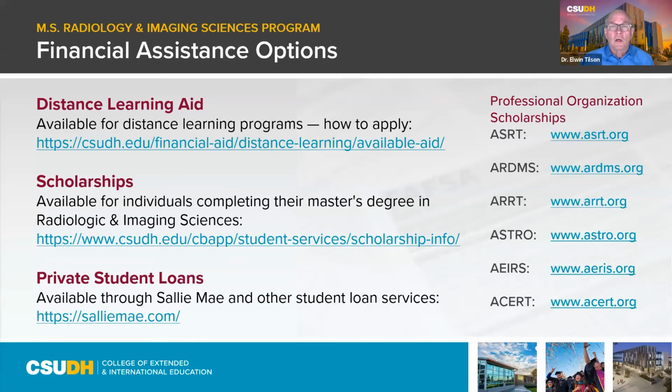Also, in terms of scholarships, almost all the major professional societies have scholarships for people who are going back to school to get advanced degrees. So for sure, the ASRT has scholarships, the ARDMS has scholarships, the ARRT has scholarships, ASTRO for therapy people and dosimetrists have scholarships, AIRS and ACERT for educators, they have scholarships for people who are coming back to become educators.